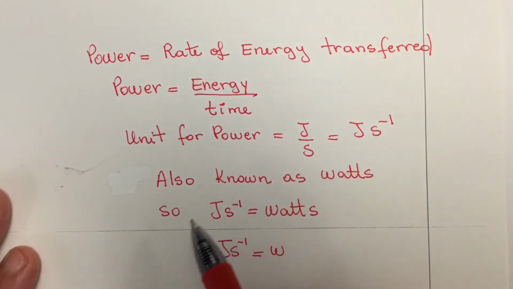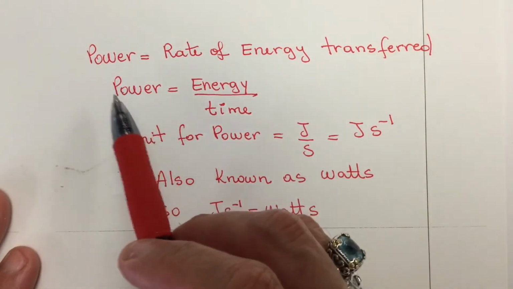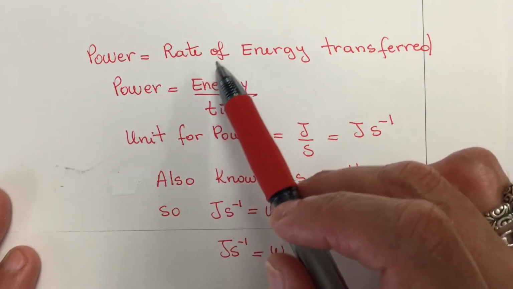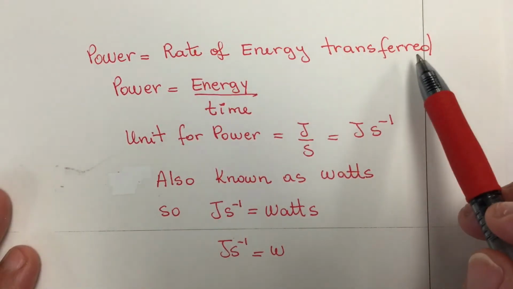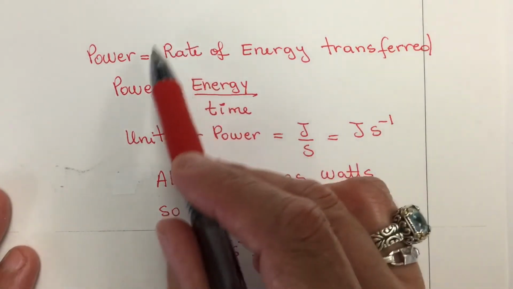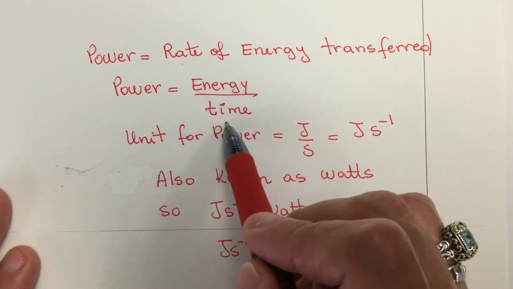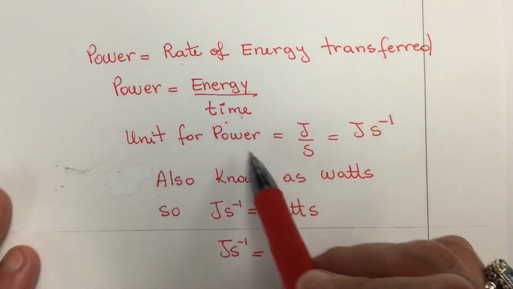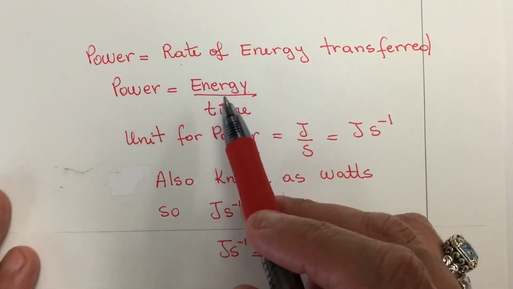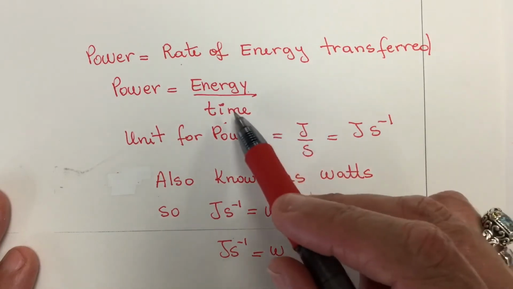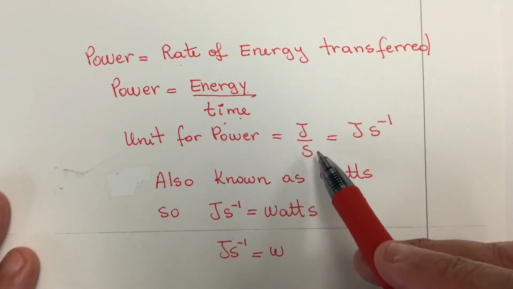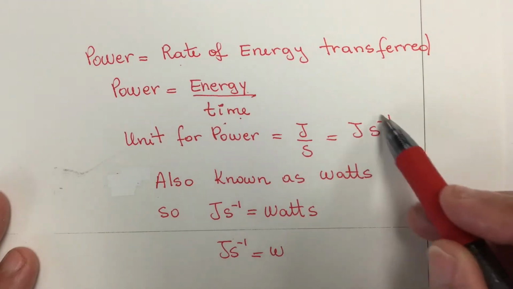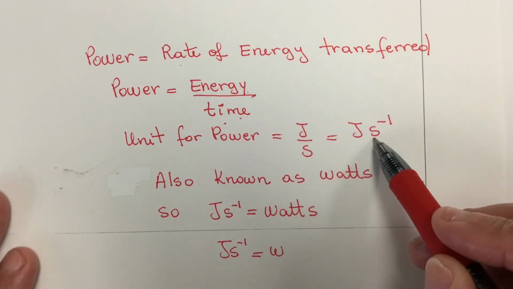Let me pause this video to review the concept of power. Power by definition is the rate of energy transfer. Rate is anything over time, so it is energy over time. The unit for power by definition is joules over second for the SI units, or joules times the inverse of a second.